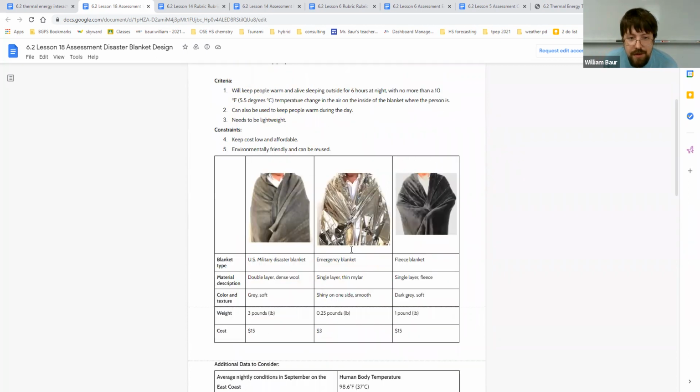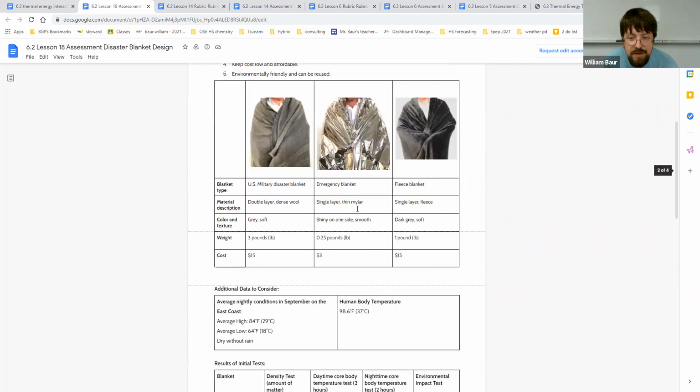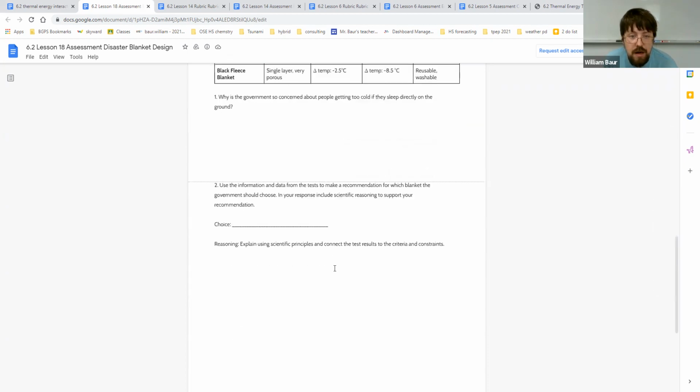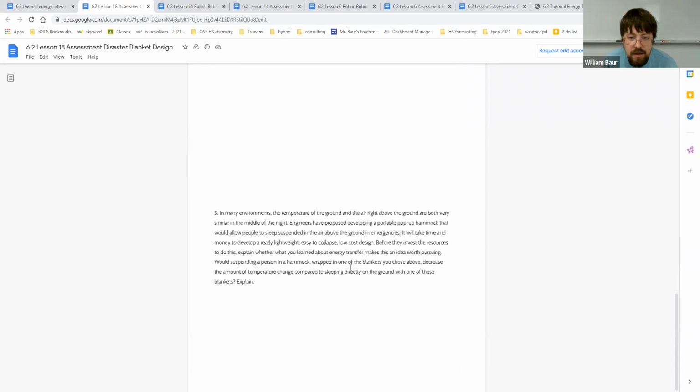So they have a couple different models, and they have to go through the same thinking process that they did evaluating the different cups with this new scenario, this related phenomena. And they've got some data to look through, and they have to explain their choice.